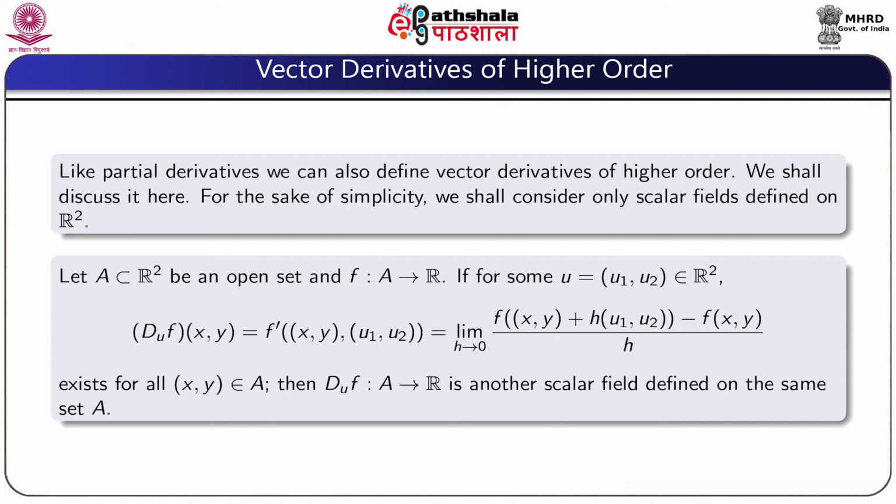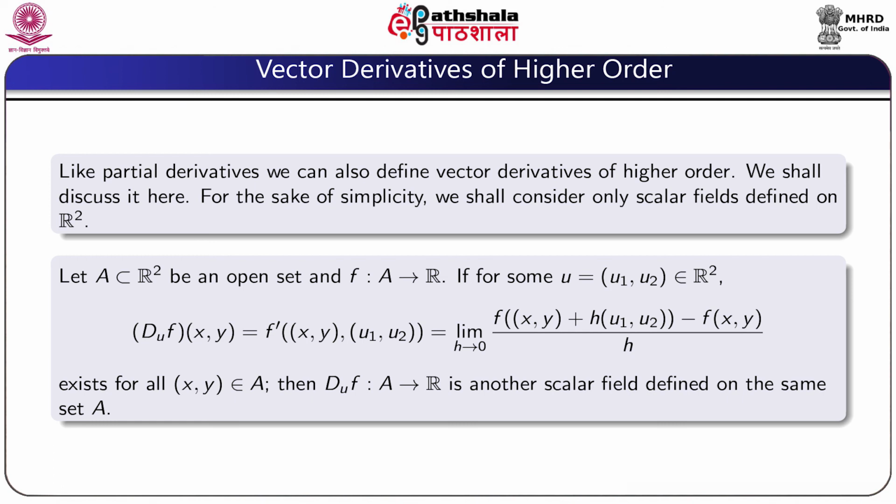Let A be an open set in R2 and f a scalar field defined on the set A. We select some vector u in R2. Let the components of u be u1, u2. We try to find d_u f(x,y), that is f dash (x,y) (u1, u2).